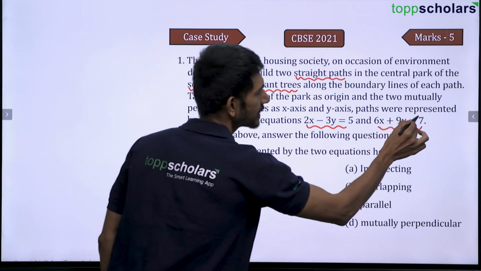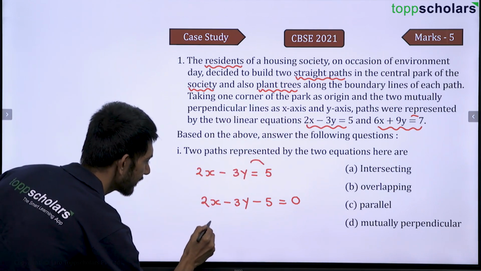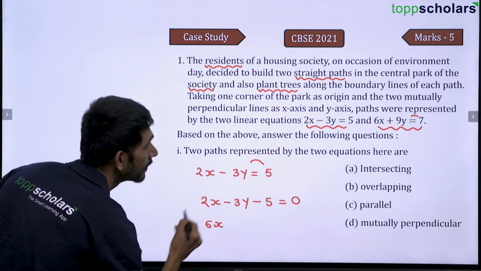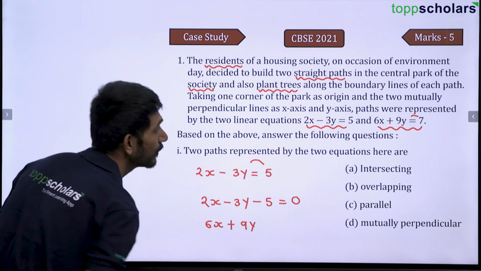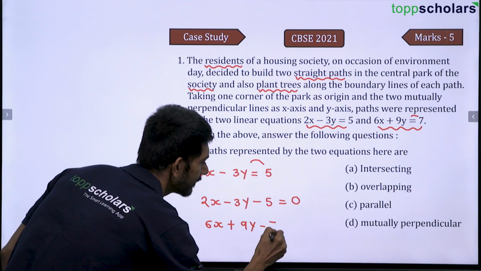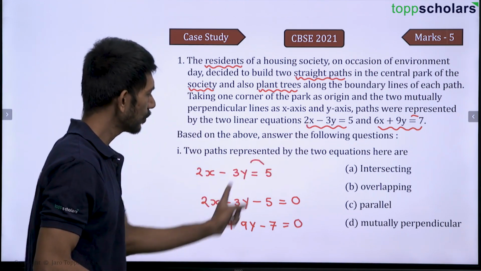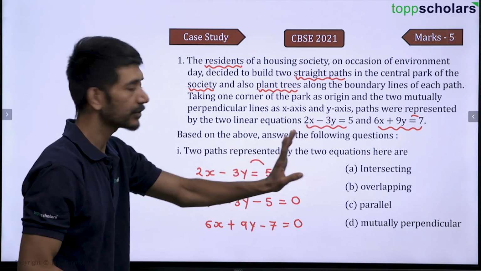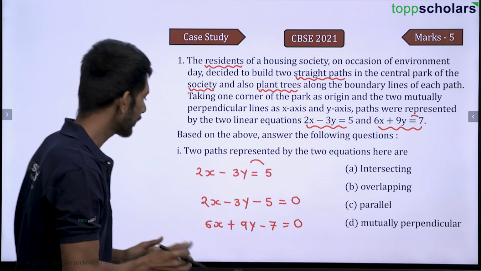Similarly, if I shift 7 to the left hand side, I get 6x plus 9y minus 7 is equal to 0. I hope this is clear. 2x minus 3y minus 5 is equal to 0. 6x plus 9y minus 7 is equal to 0.